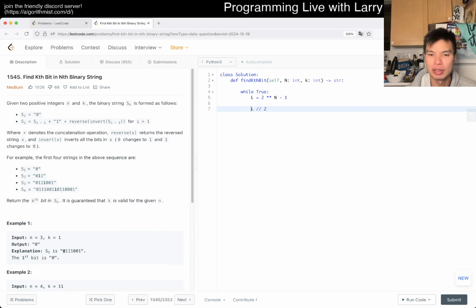So yeah, if k is less than or equal to L over 2, then this is on the left side. Sorry friends, on the left side, and then yeah.